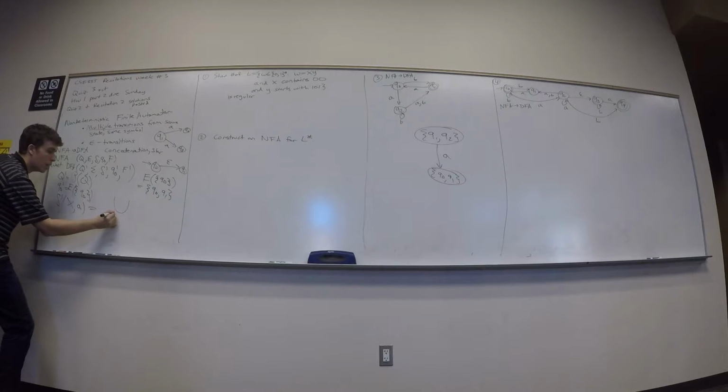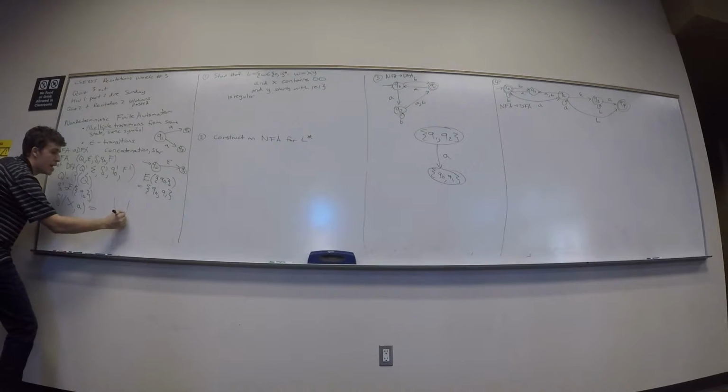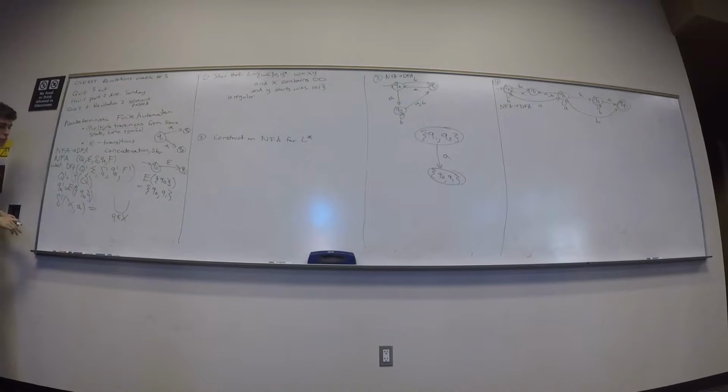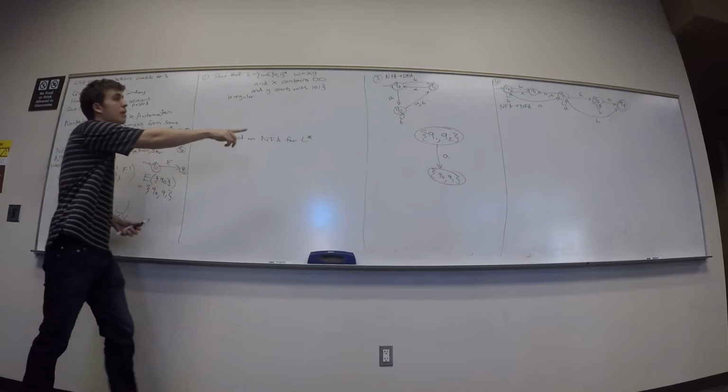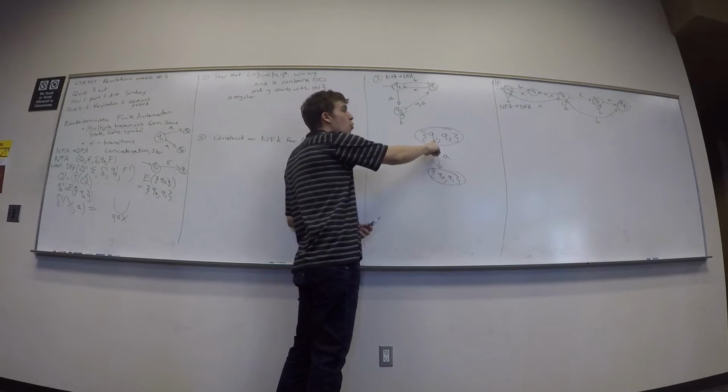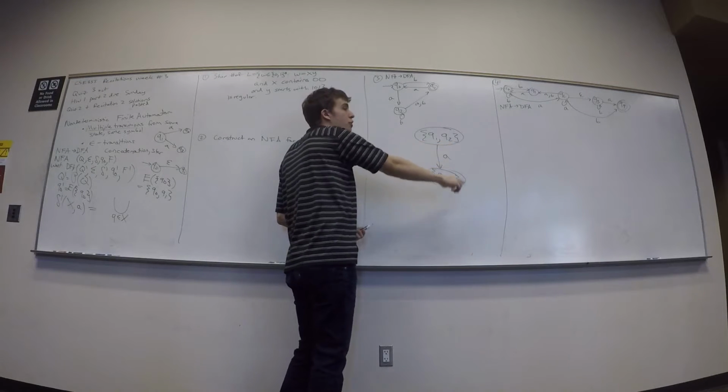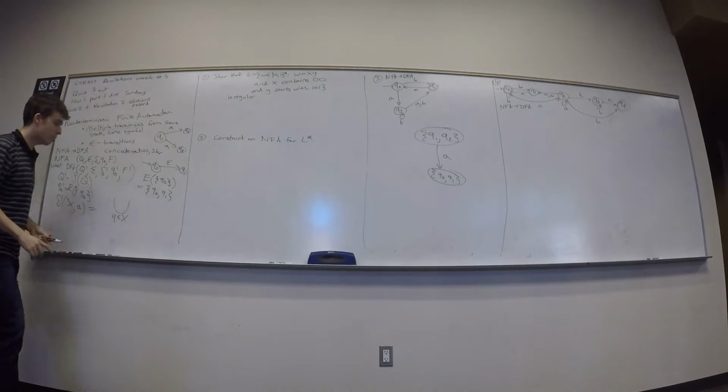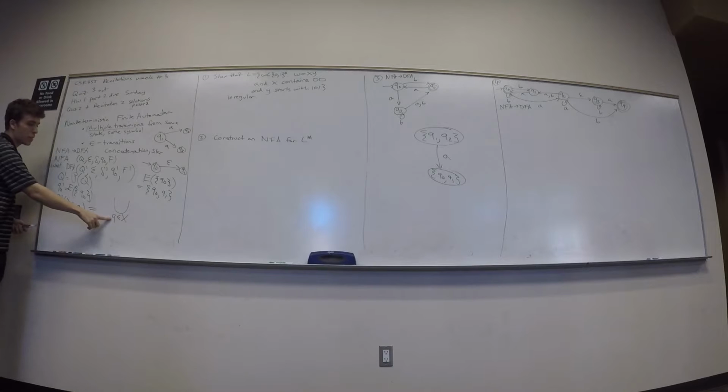So I'm going to call it little q in X. So this little q is taking the role of looking at Q1 first and then looking at Q2. And so how do I find what little q did on input A? How do I find that out?